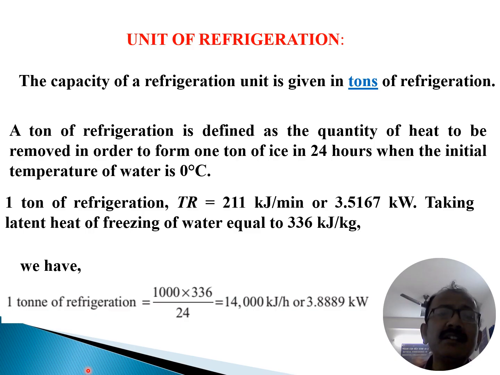Now simply we can write that 1 ton of refrigeration is nothing but 1000 into 336 by 24. So finally the value is 14,000 kilojoule per hour or 3.8889 kilowatt. So 1 ton is nothing but 3.8889 kilowatt.